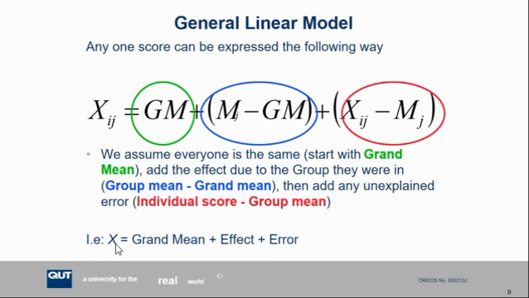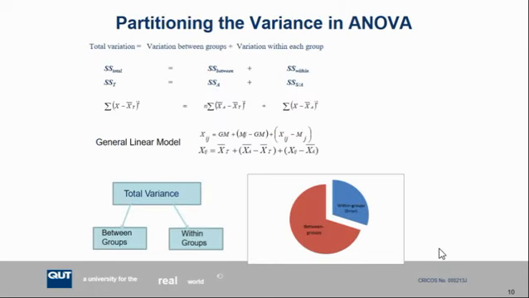Yeah? So all that's saying is an individual score is a factor of the grand mean of the experiment plus the effect plus error. We can look at this in a different way if this helps you to understand how we're partitioning out that variance in ANOVA. These are all different ways of saying exactly the same thing.